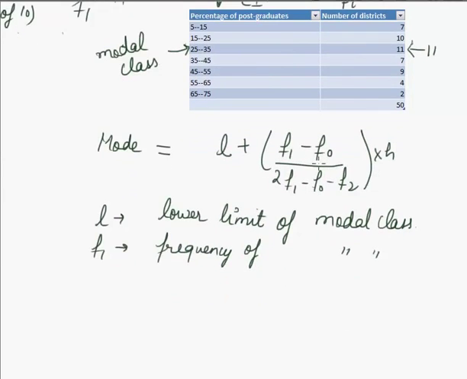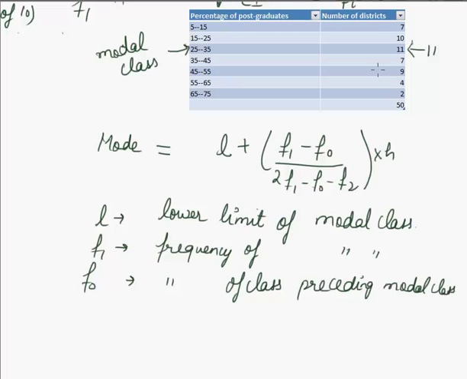And then regarding F0, it is the frequency of class preceding modal class. That is, this is the class preceding the modal class, so the frequency F0 is 10 and 11 is F1.